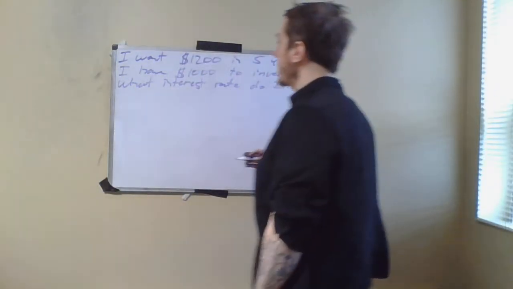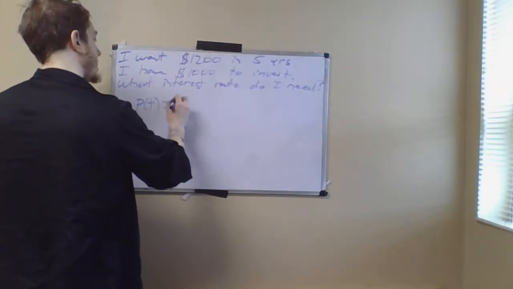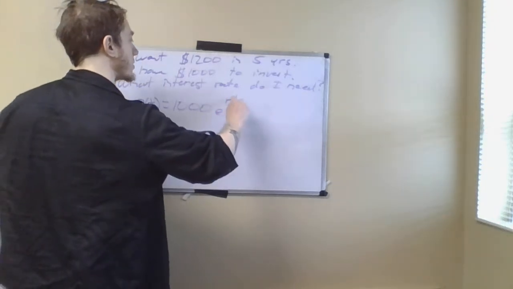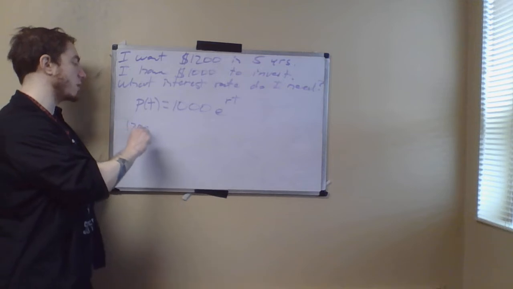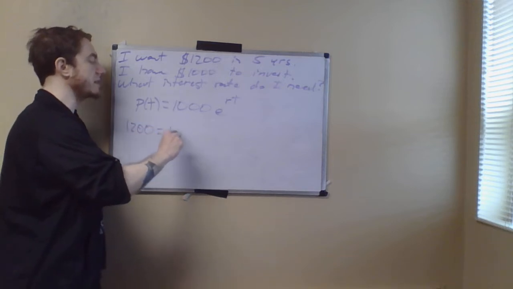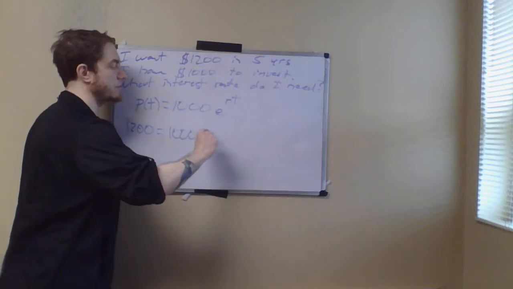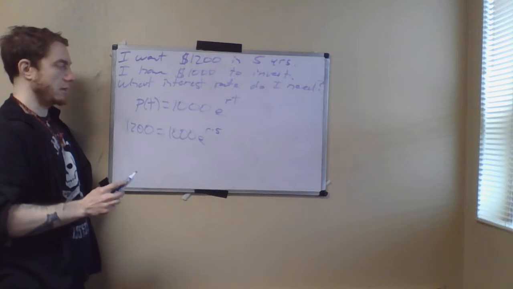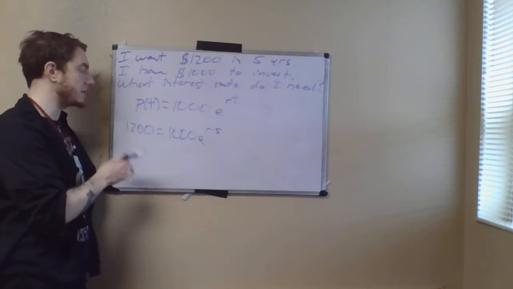Well, what we know is that the amount that I'm going to have after a time t is my $1,000 investment times e to the rt. But after 5 years, I want to make sure I've got $1,200. So I need $1,200 to be equal to 1,000 e to the r times 5. Make sure you understand where this equation came from and everything before you go on to the next step.